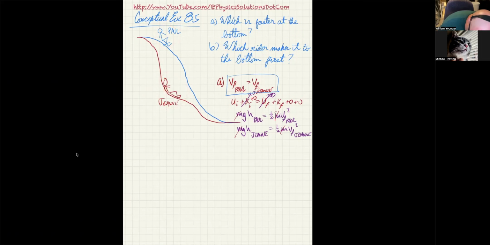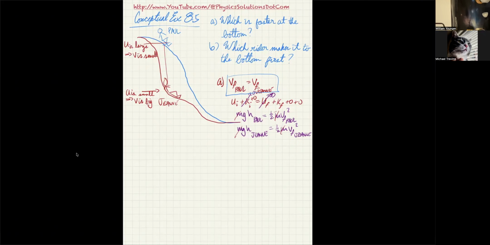So right here, U is small, which implies v is big. Right here, directly above her, U is large, which implies v is small.